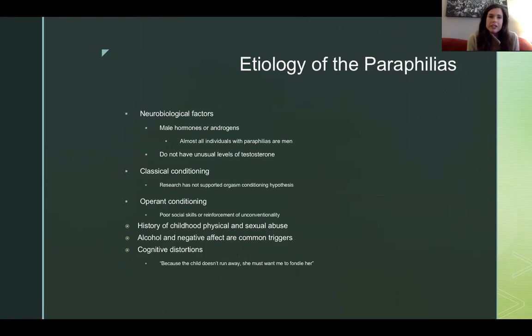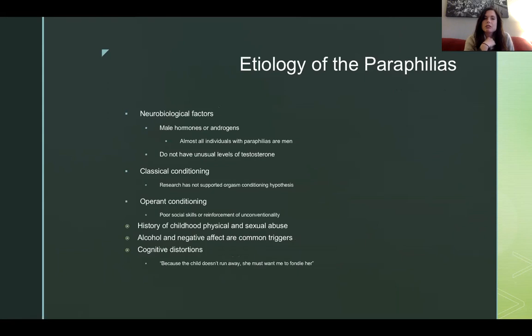Etiology of the paraphilias include neurobiological factors, classical conditioning, and operant conditioning. A history of childhood physical or sexual abuse, alcohol and negative effects are common triggers, and cognitive distortions. So neurobiological factors include male hormones or androgens. Because so many of the people with paraphilias are men, but they don't have unusual levels of testosterone.